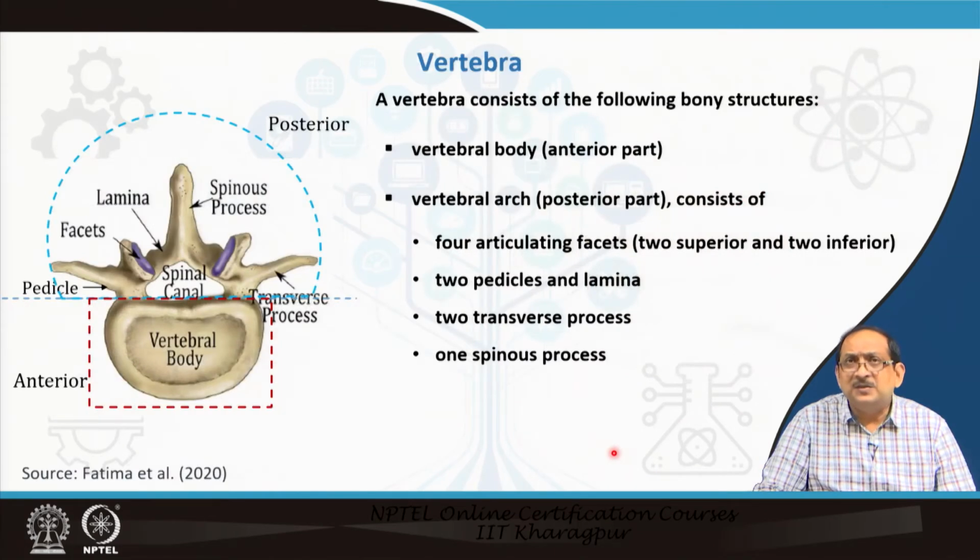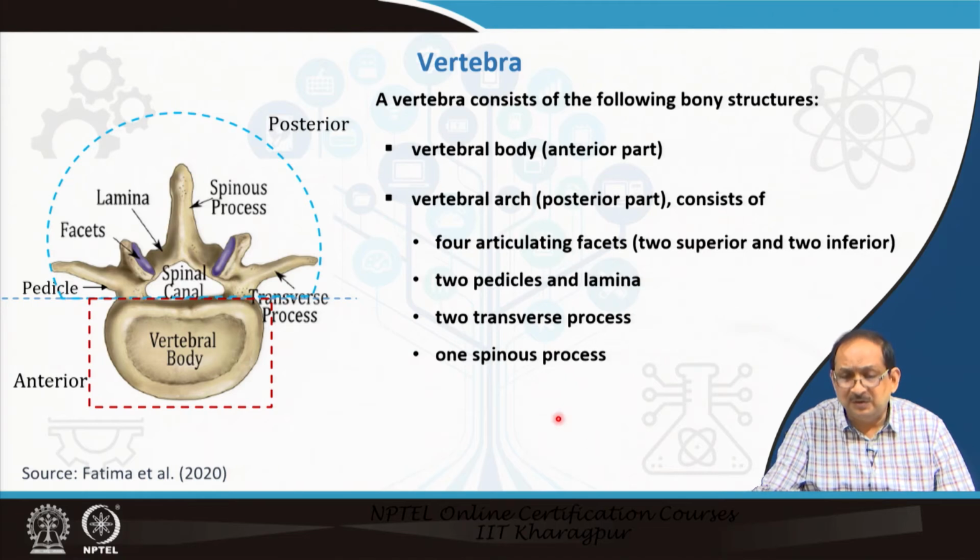Let us now discuss in more detail the structure of the vertebra. A vertebra consists of the following bony structure. The vertebral body is located on the anterior side of the vertebra, whereas the vertebral arch is located on the posterior portion of the vertebra.